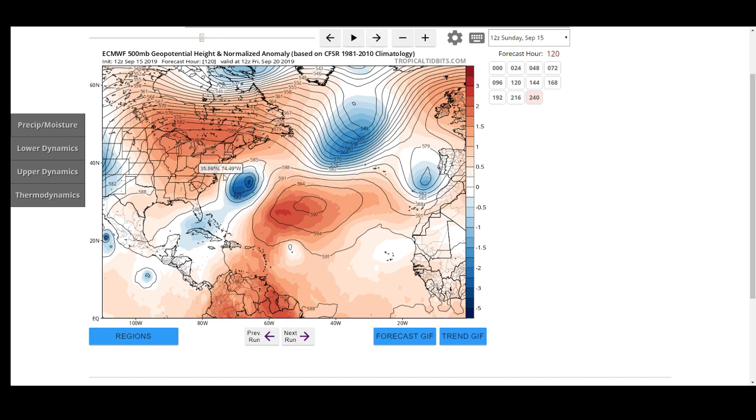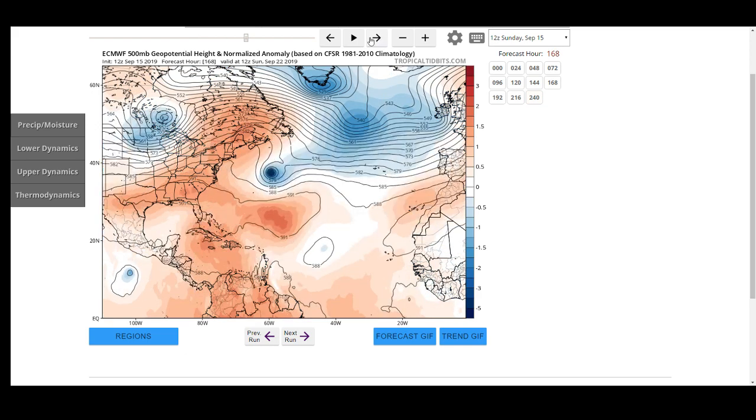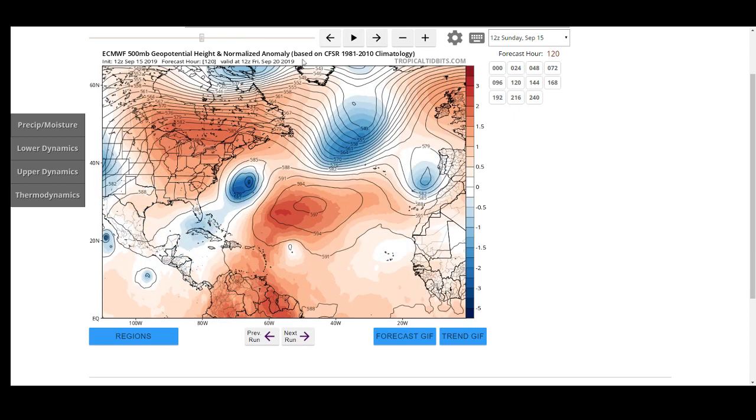We don't know much around 5 days, and ultimately where this is in the 5-day period will determine whether or not this turns back or it goes out to sea, because if you look a little longer, you can see that there's not a whole lot that really pushes this out.